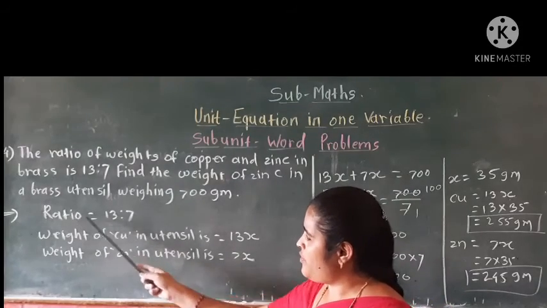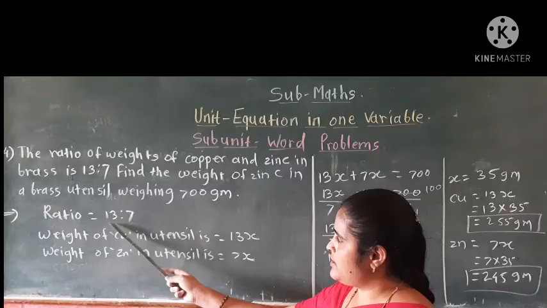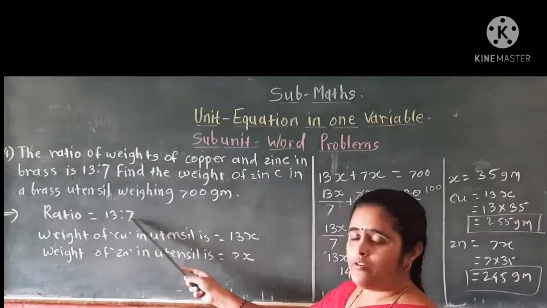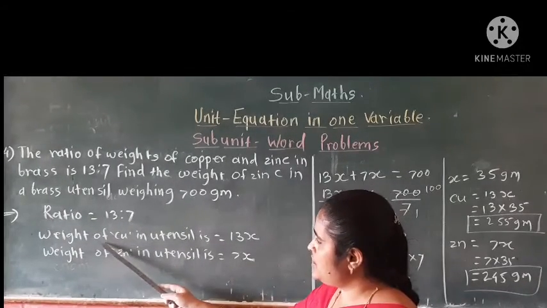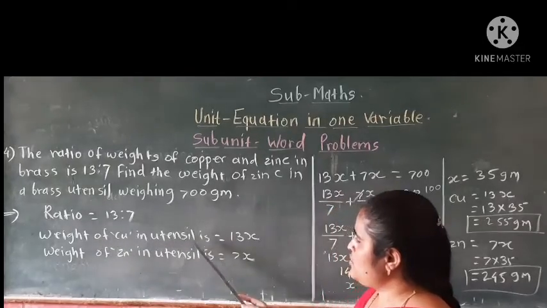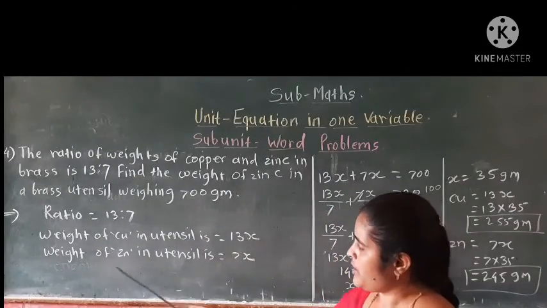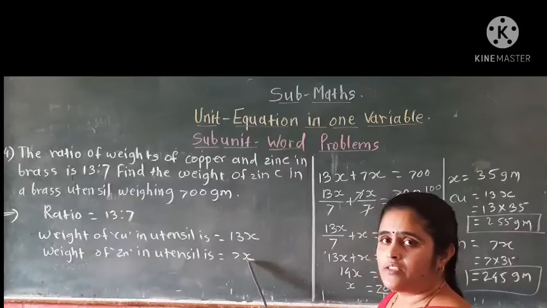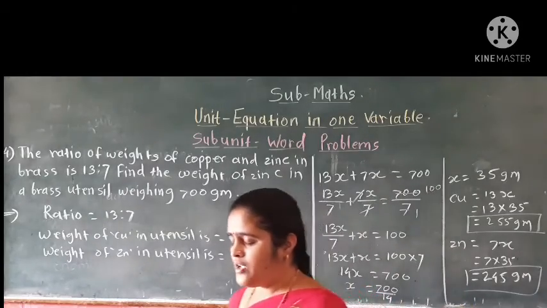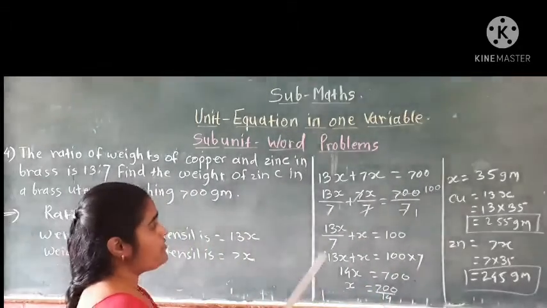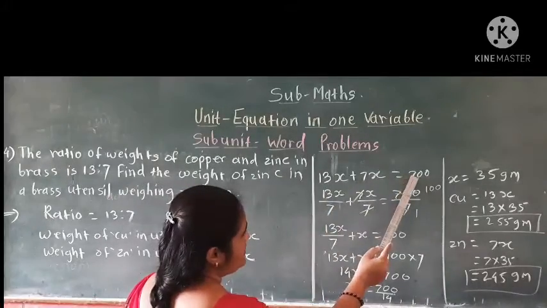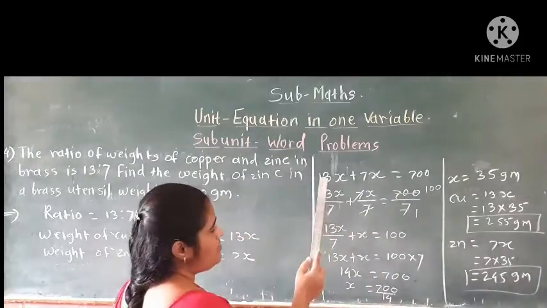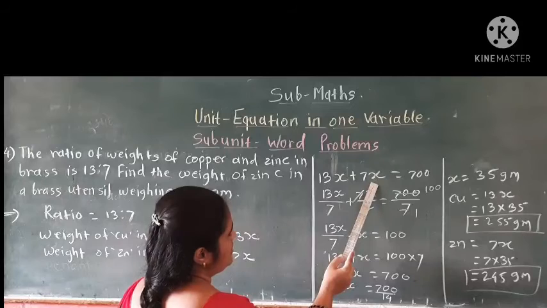Okay, let's see this example again. First, the ratio of copper and zinc is given, that is 13:7. According to this information, we consider the weight of copper in the utensil as 13x and the weight of zinc in the utensil as 7x. After that, according to the given information, the 700 gram utensil is formed by a mixture of copper and zinc.